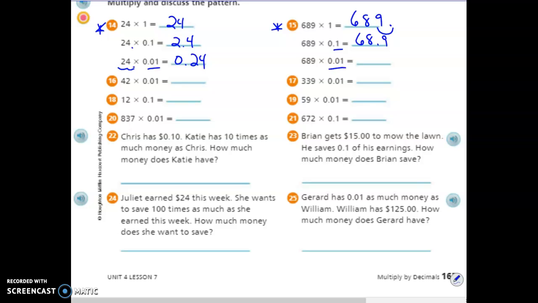Multiplying by 1/100th, 2 decimal places, 2 shifts, 6.89. It keeps getting smaller as we keep adding decimal places over. All right, I would like for you to try these next two, 16 and 18. Pause the recording and put in answers for those.